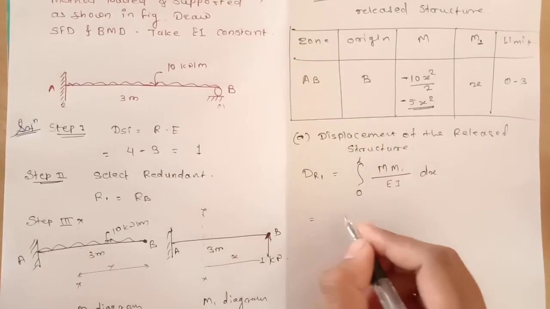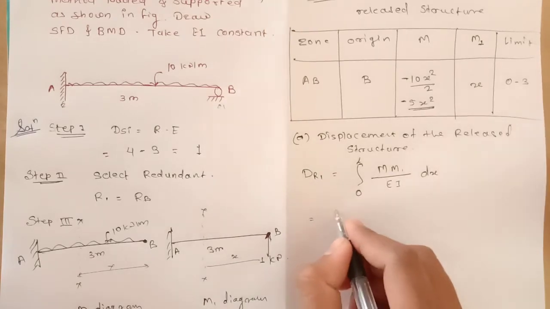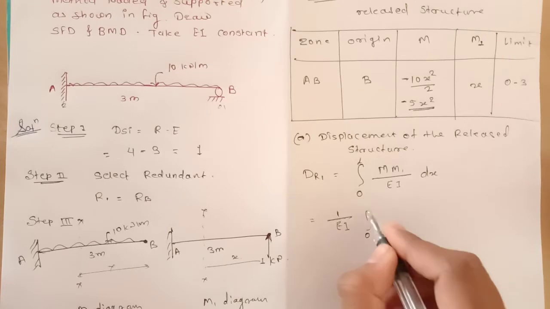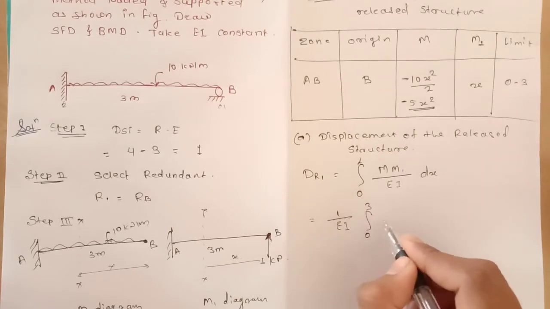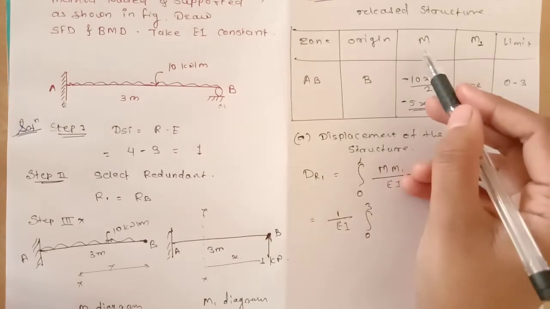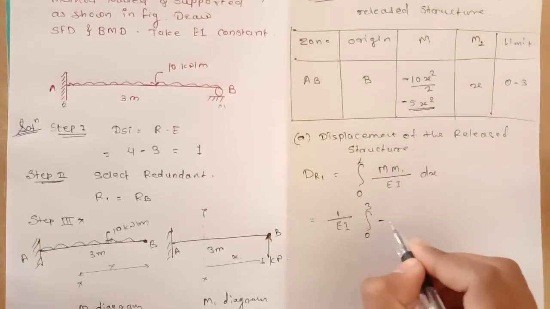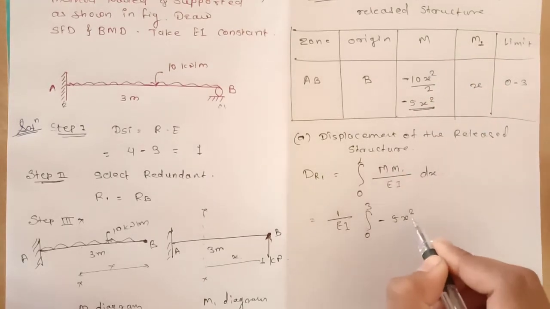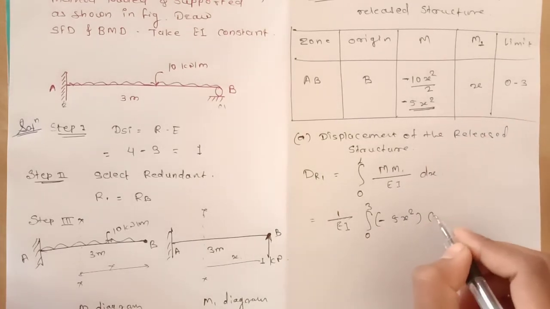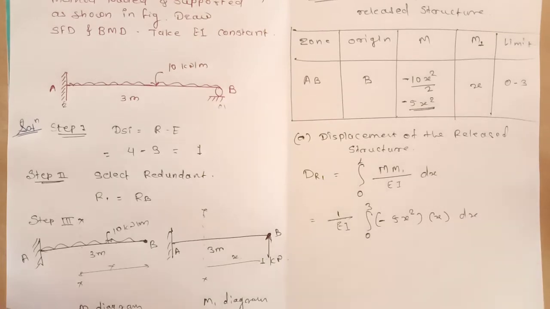Here EI is constant, the integration limit is 0 to 3, then m in the M diagram is minus 5x squared, and m1 is x, into dx.